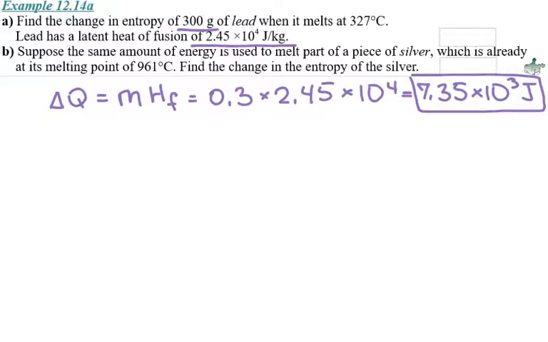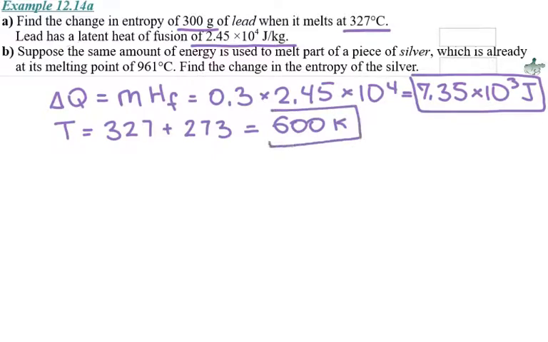This all happens during a melting process. When you change from one state to another, the temperature doesn't change. So in this case the temperature stays the same, and it needs to be converted from 327 Celsius to Kelvin. 327 plus 273 gives me 600 Kelvin.